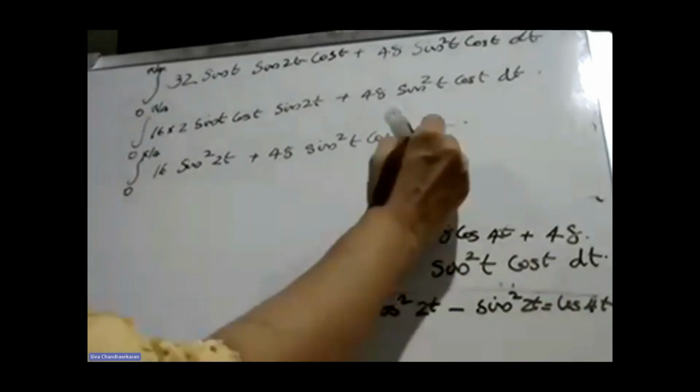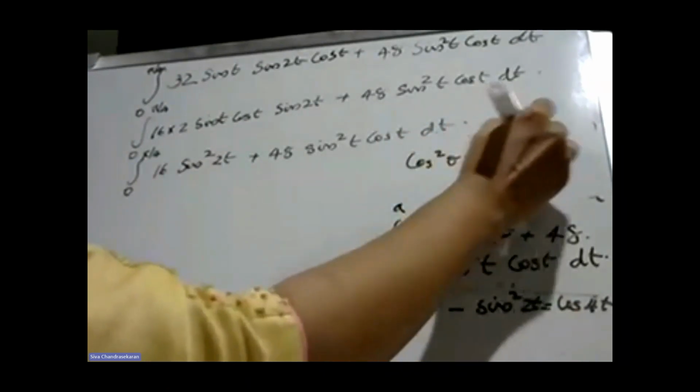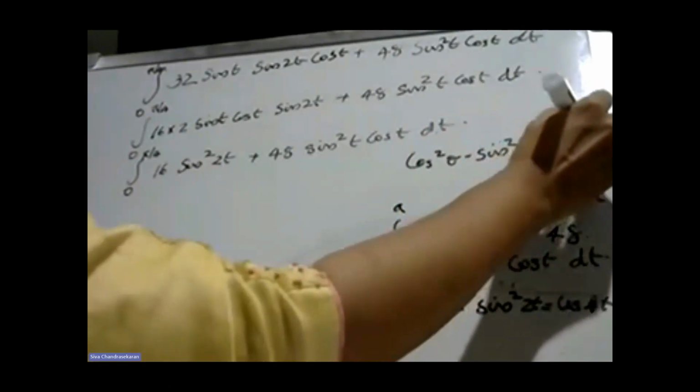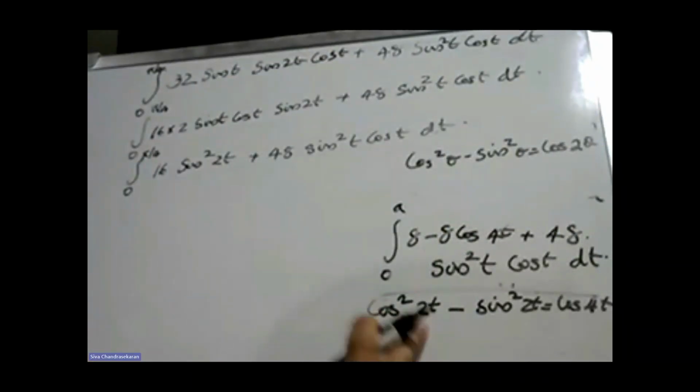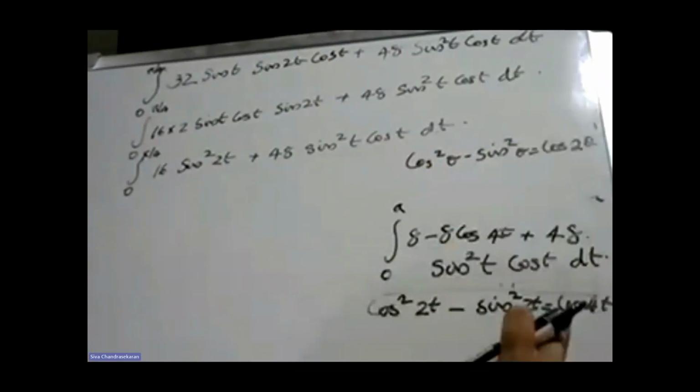This is from the basic equation, cos square theta minus sine square theta is equal to cos 2 theta. Instead of theta, I have taken 2t. So cos square 2t minus sine square 2t is equal to cos 4t.